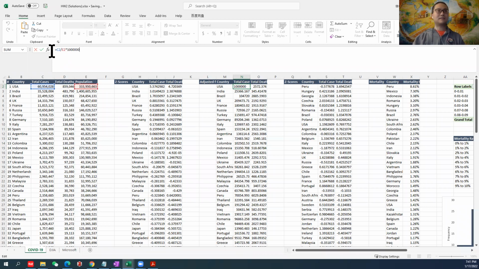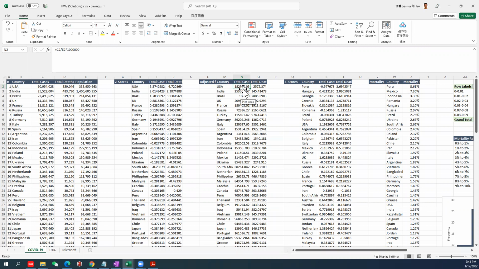It tells us the absolute number of cases within 1 million, as if for every 1 million people in the USA, about 182,000 had COVID cases. So this is what it means by an adjusted score.